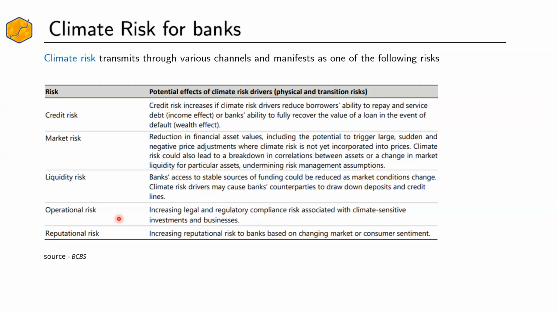Maybe the regulators would want, let's say, banks to have 20% of their portfolio dedicated to green financing or green bonds. You know what green bonds are? Or green loans? What are green bonds? Any idea?